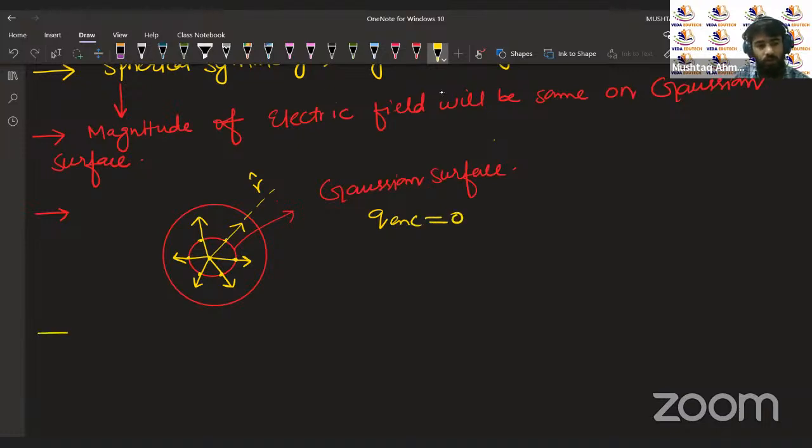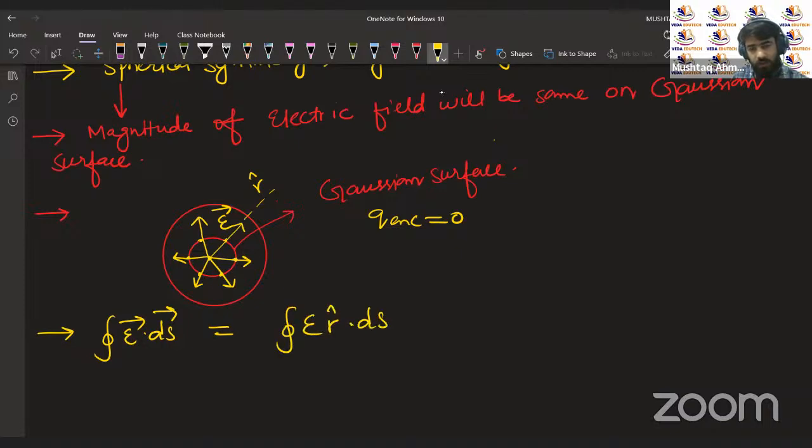So if we apply Gauss's law on this Gaussian surface, that's the integral of E dot ds. The direction of the electric field vector is the same as the direction of the surface element, so we can say the integral of E r cap dot ds, and ds also has the direction of r cap.